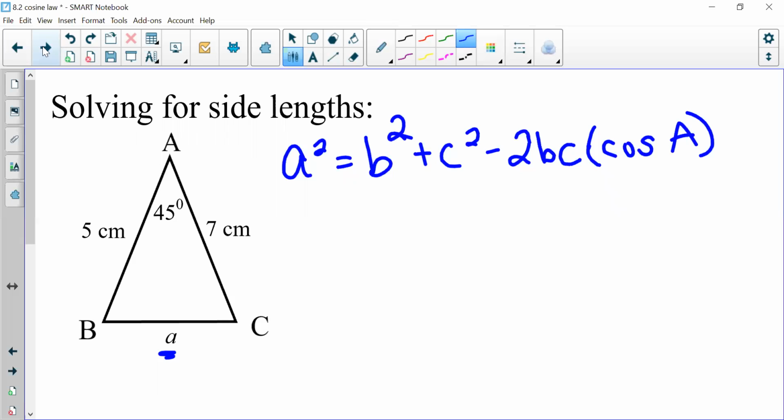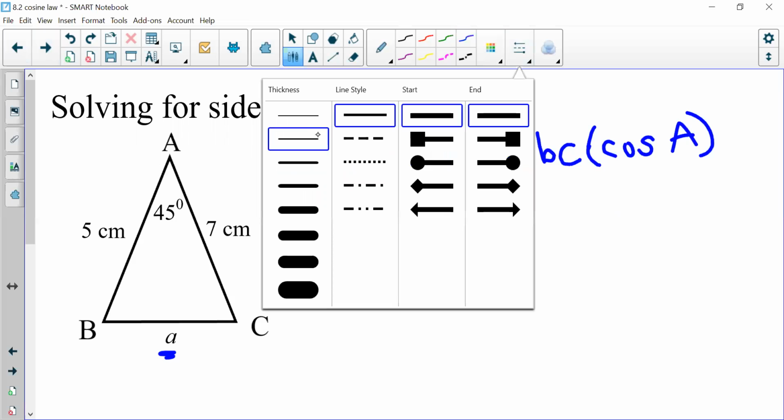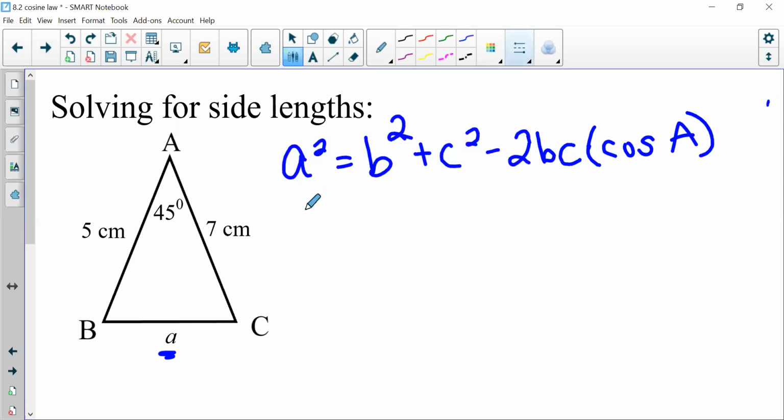Oh, okay. All right, let's plug in what we know here. What is side B's length? Seven centimeters. Good, so I'm going to plug that in. What's C?